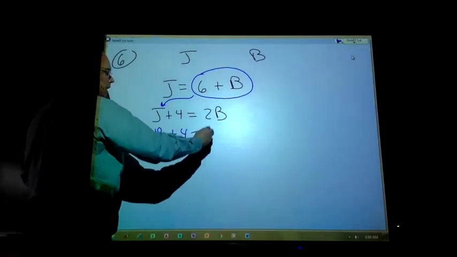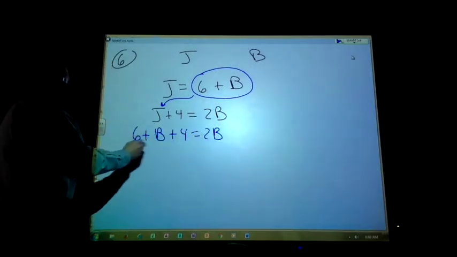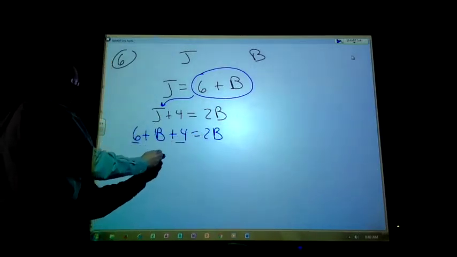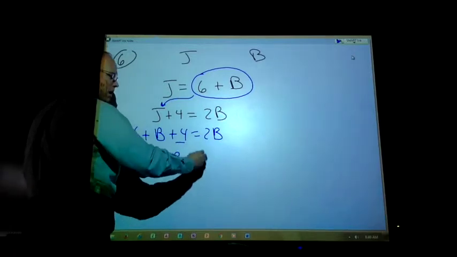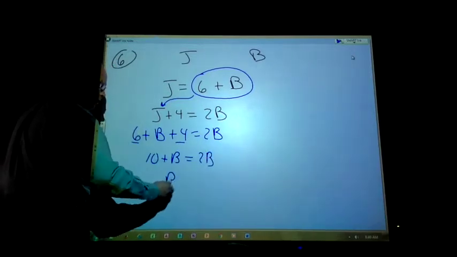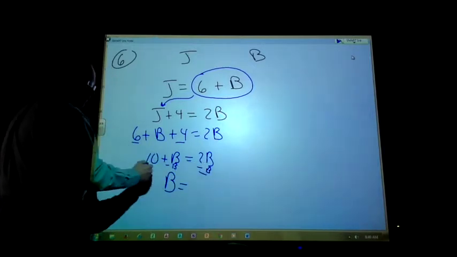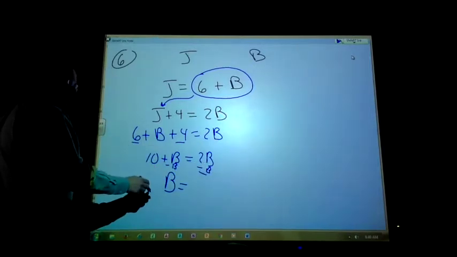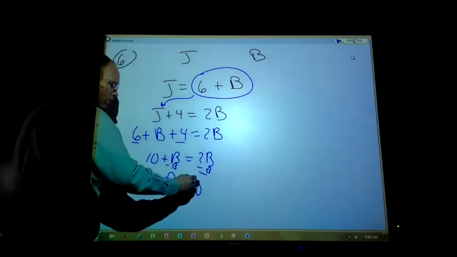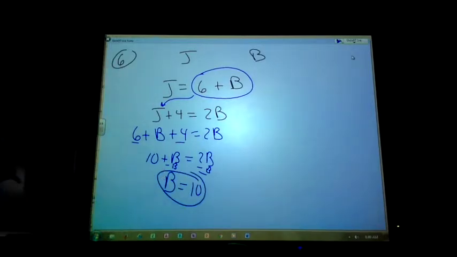Is equal to 2B. Okay, so then we combine like terms. That looks like 10 plus B equals 2B. So what does B have to be equal to? I would have subtracted B from both sides, right? 1B. So what is 1B going to be equal to? 10. So the brother happens to be 10. How old's John?